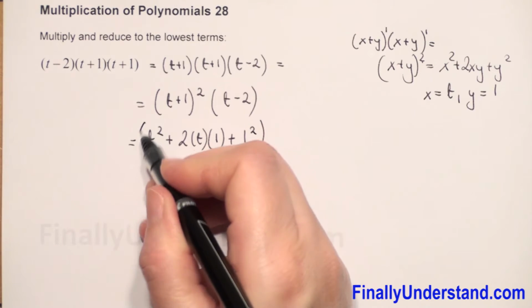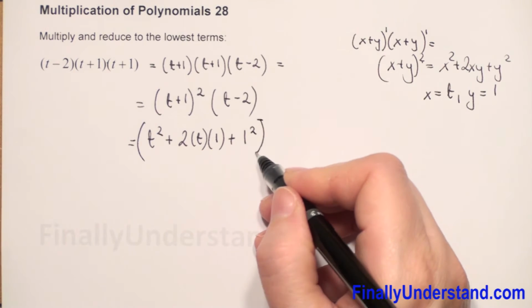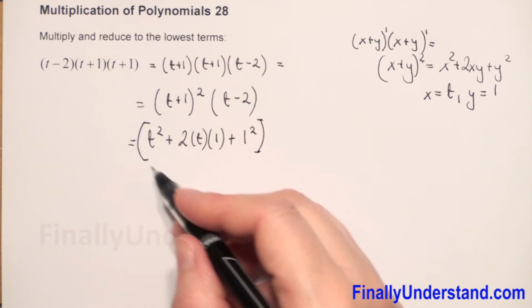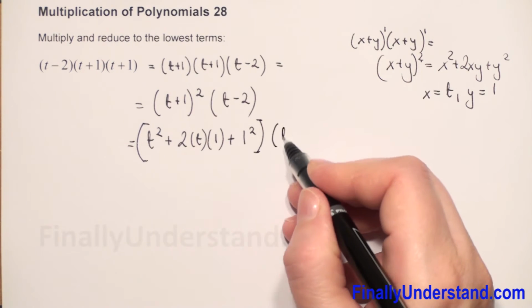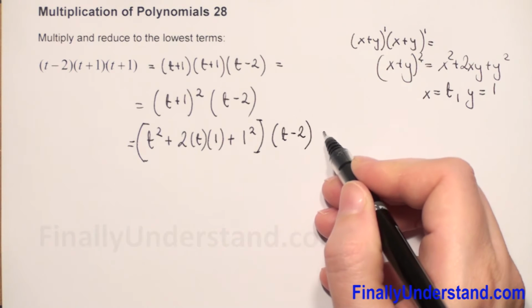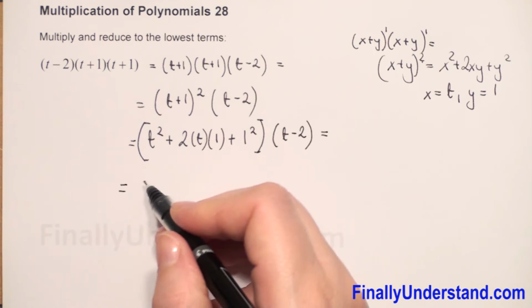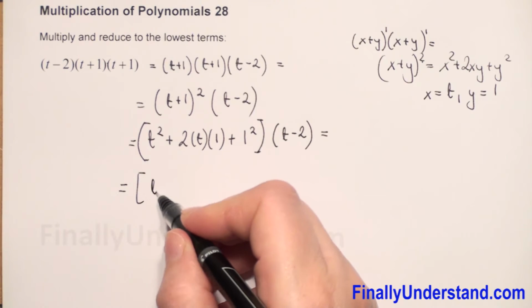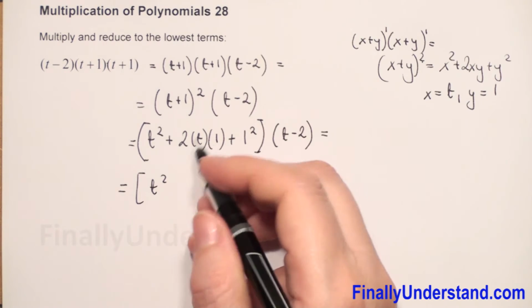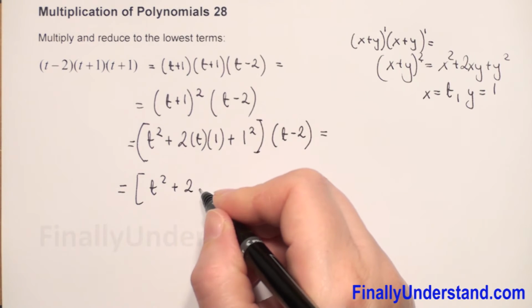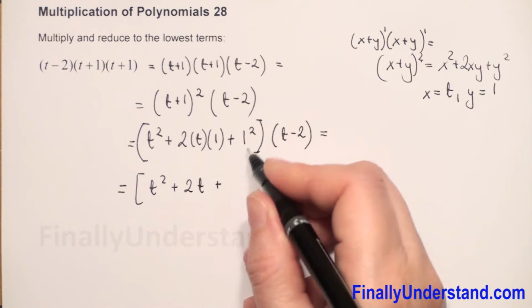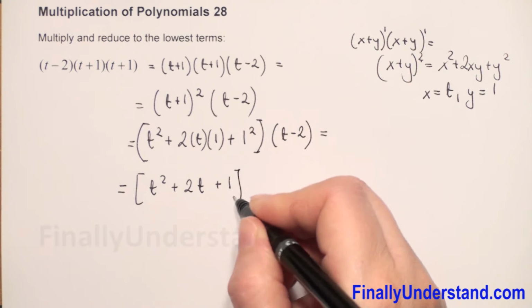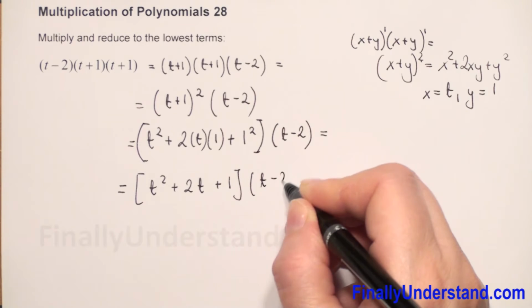Everything we have to put in parentheses or in brackets, because we have to multiply this whole expression times t minus 2. So this is equal, we will have in the brackets t squared, 2 times 1 is 2, and t we rewrite, plus 1 to second power is 1, and we have times t minus 2.